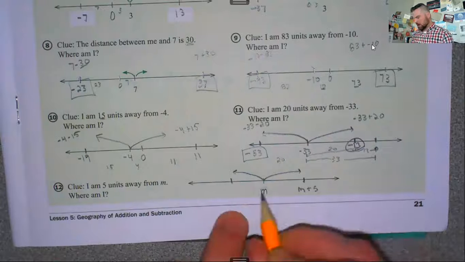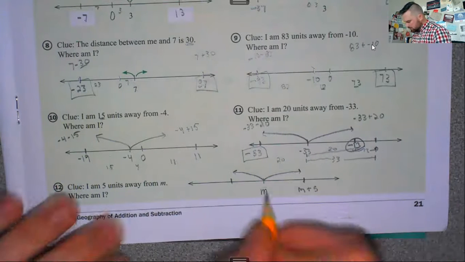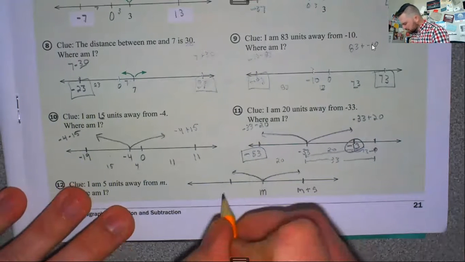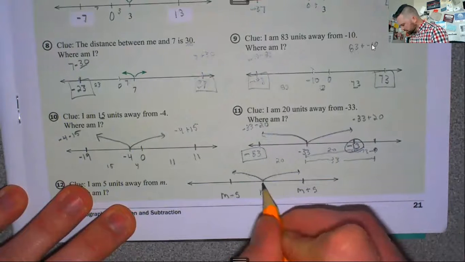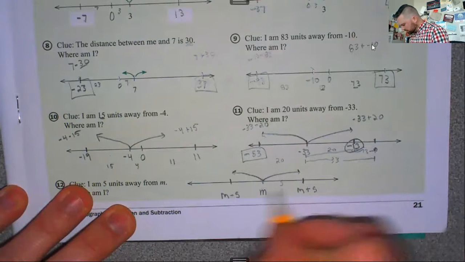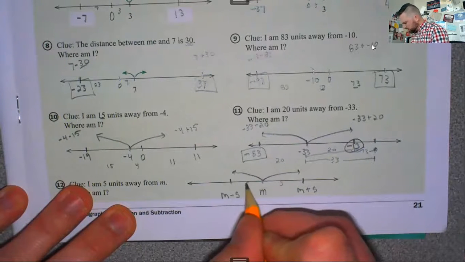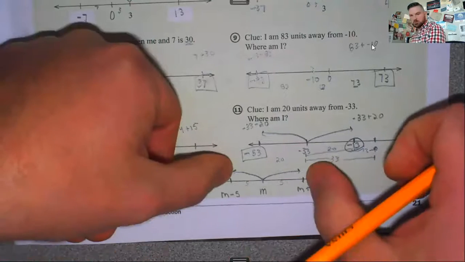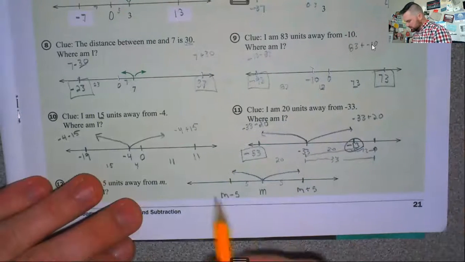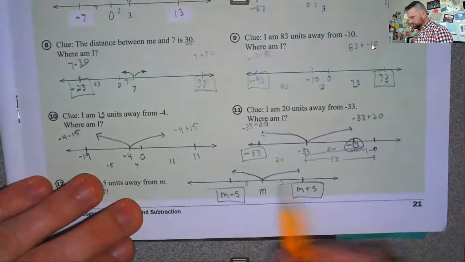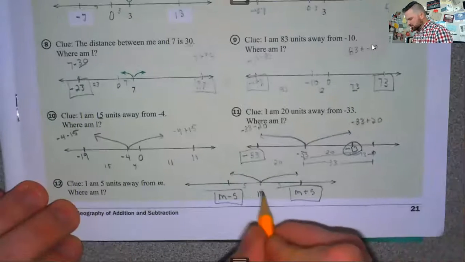Remember, if we go to the right, we add it. If we go to the left, we subtract it. So M minus 5. And the distance between here and here is 5. And the distance between here and here is 5. But the total distance between those two numbers would be 10 because you add those together. So we got this number and this number. And this represents whatever number you want.